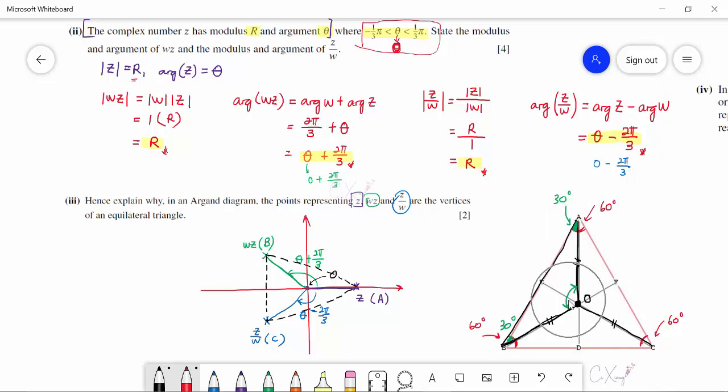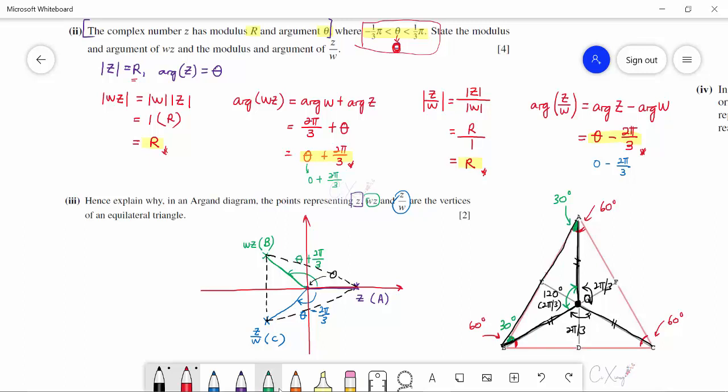Therefore, the angle at the center should be 120 degrees. 120 degrees equals 2 pi over 3. Then the same thing happens for this one, it should be 2 pi over 3 as well, and this angle is also 2 pi over 3.